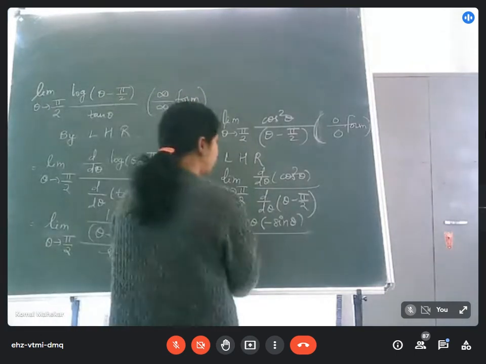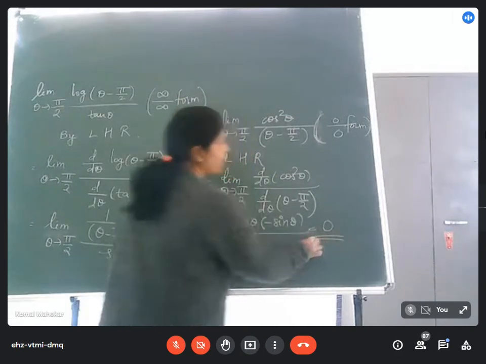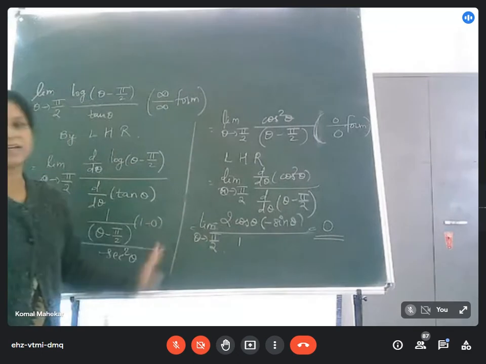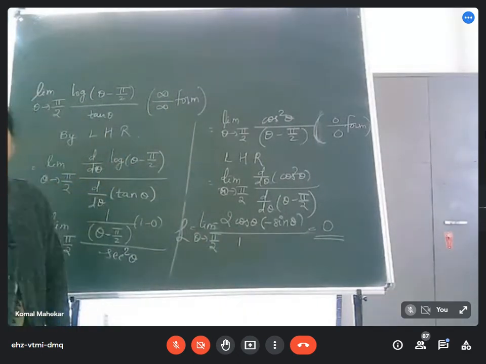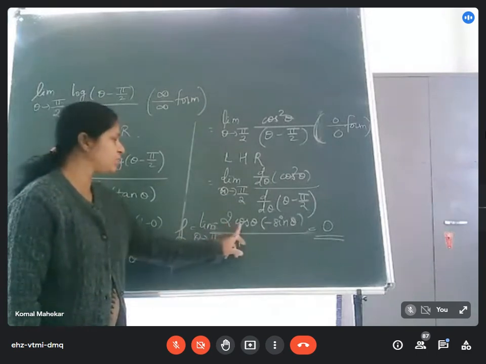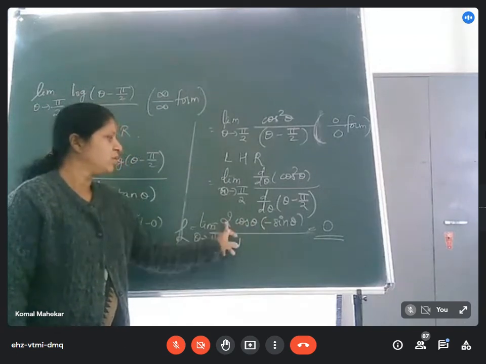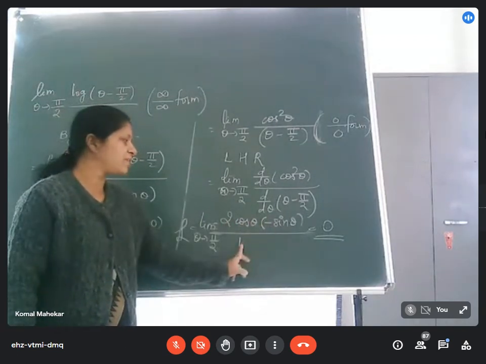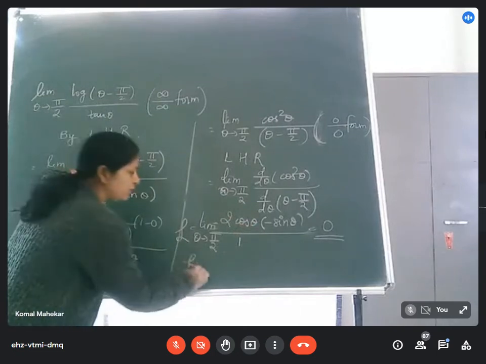Cos pi by 2 is 0, so 2 into 0 into 1 divided by 1 is again 0. So the limit L is equal to 0.